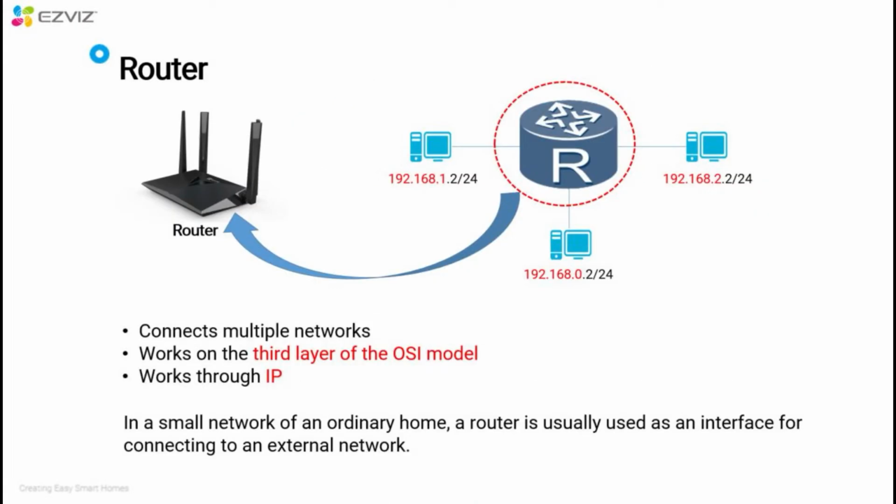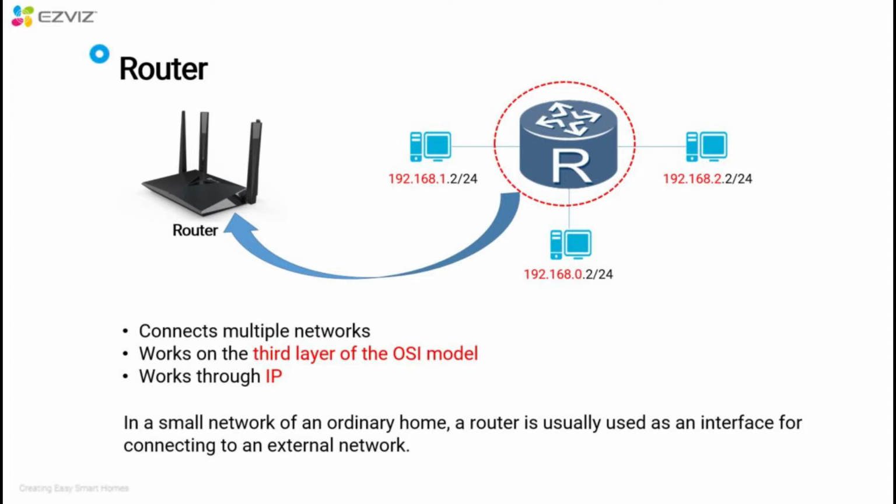The second network equipment is the router. Here are three key features about the router. The first one is that it connects multiple network segments. Different network segments means the IP network bits of two network devices are different, then we can call them different network segments.